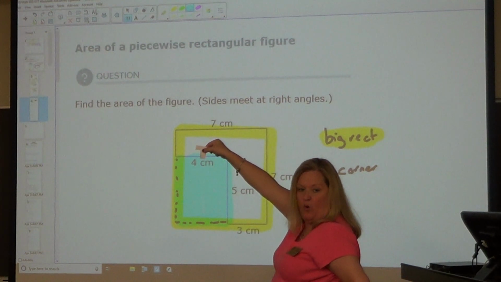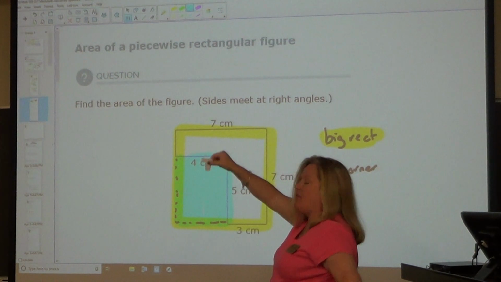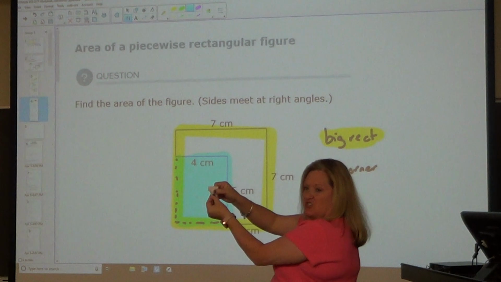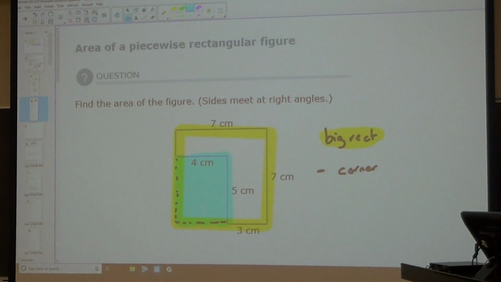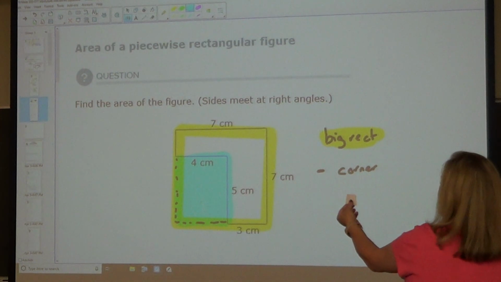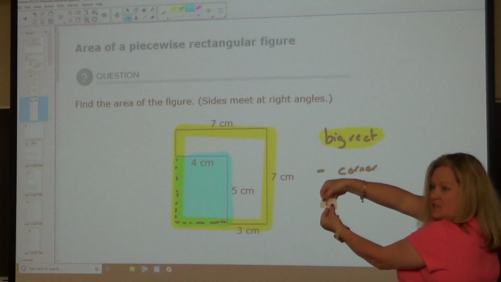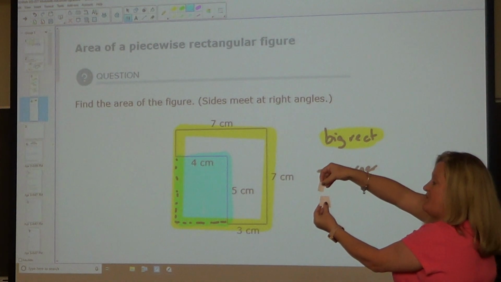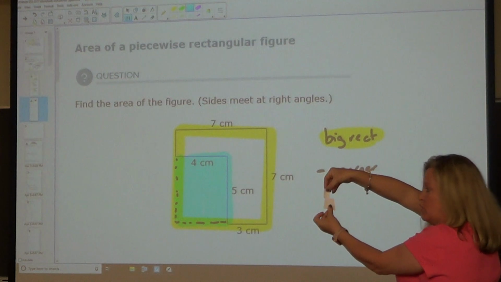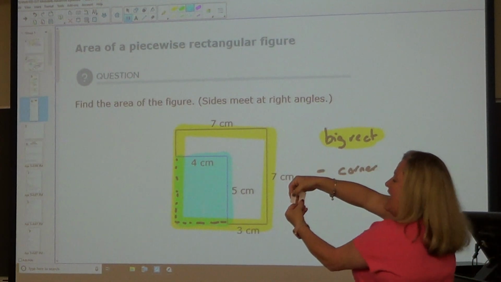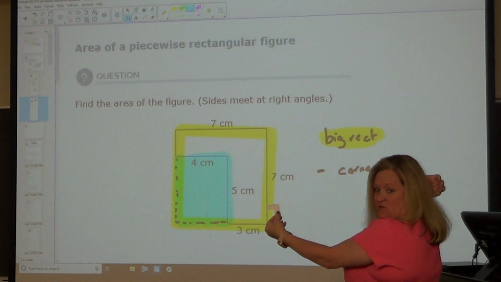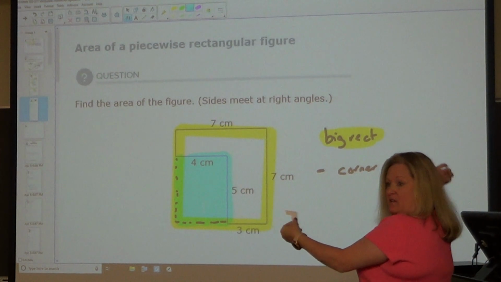I'm tearing off a corner. Now, the reason I do subtraction is because I'm taking it away. If I would have done addition, it would have been a rectangle plus a corner. So if it was addition, I would be gluing it together. I'm not gluing it together, I am tearing it away. That's why I'm subtracting it.